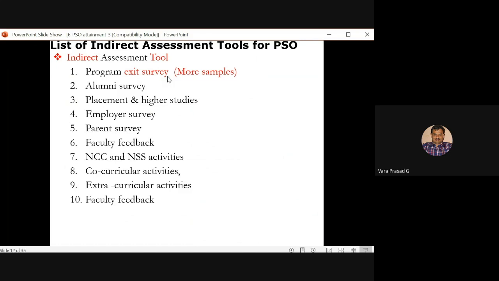So whenever you are calculating the PSO attainments, you have to take a larger number of samples. I will tell you why. If you look at the remaining surveys, you can find only a few samples. For example, take NCC and NSS. Some colleges and departments say that they conduct programs like NCC and NSS.